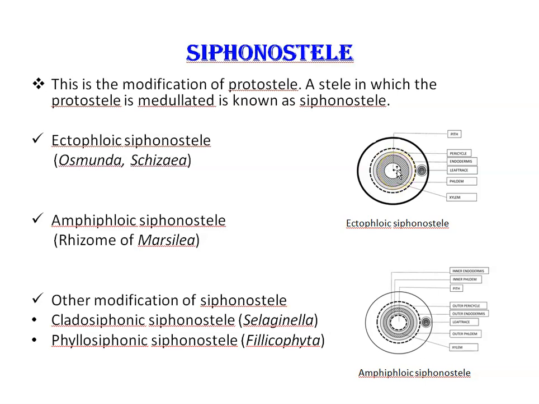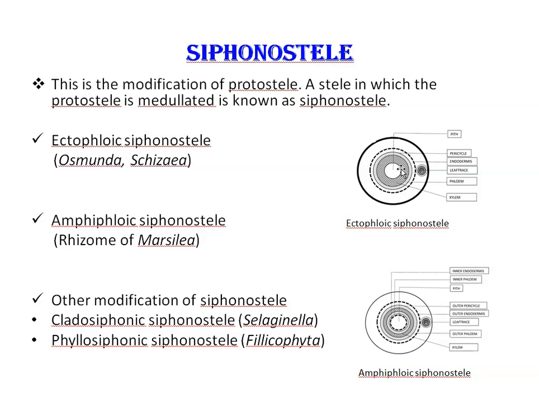Here, pith. So on the basis of the branch and leaf gaps, siphonostele can be distinguished into two types, mainly ectophloic siphonostele and amphiphloic siphonostele. Just look at this first diagram. Ectophloic siphonostele.